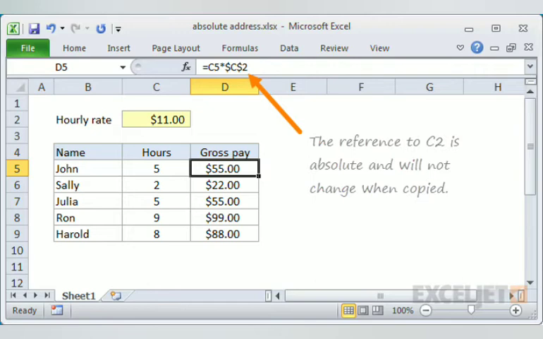Then for all formulas, the C2 will be the same. So while copying the formula from D5 up to D9, C2 will be a part of those formulas. It will not change. That is known as absolute reference.